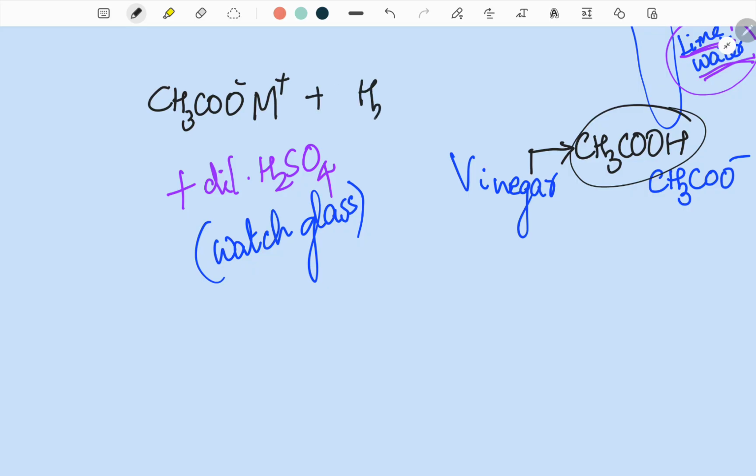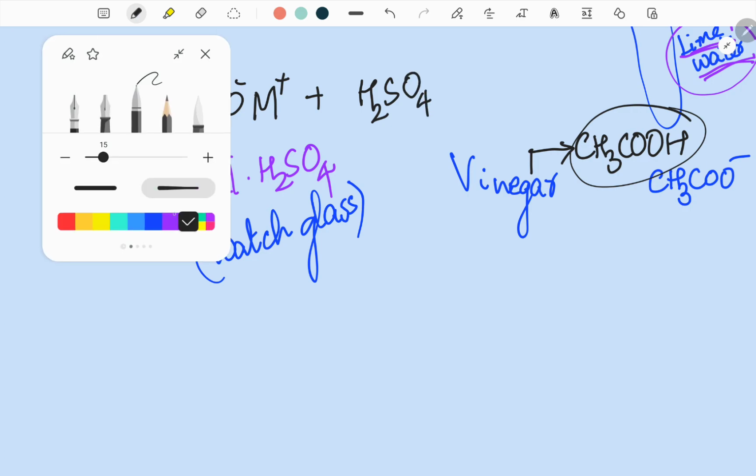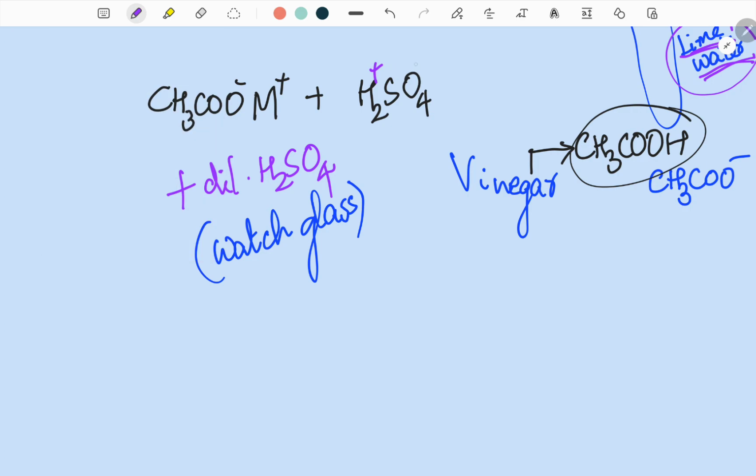When I am adding H2SO4, there is going to be a double displacement reaction. That means the positive ions are going to get exchanged. So this metal will go to the sulfate ion and the hydrogen ions will go to the acetate ion.